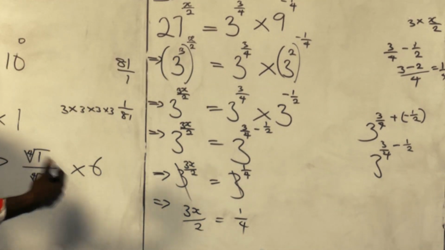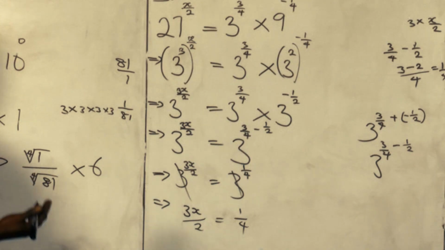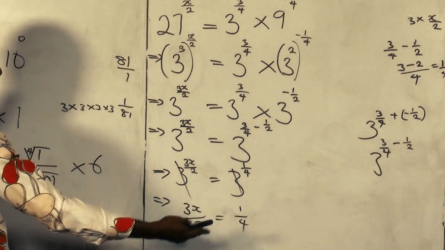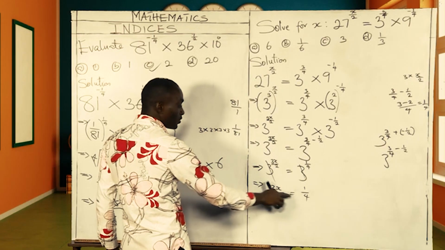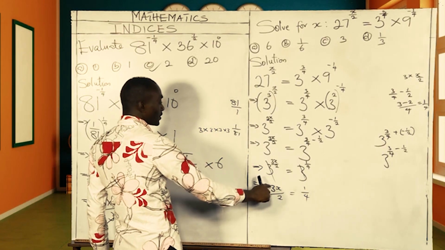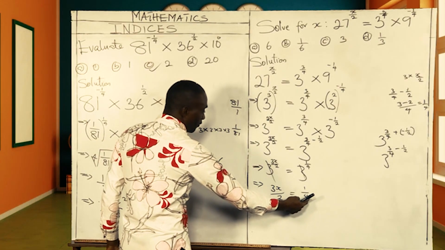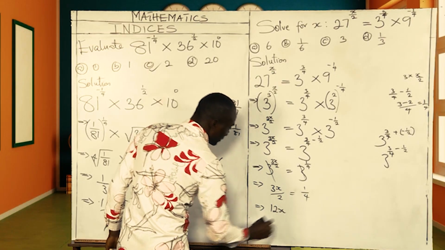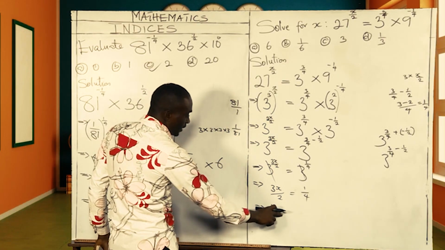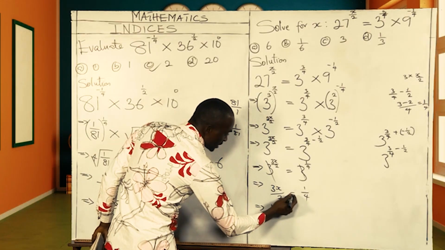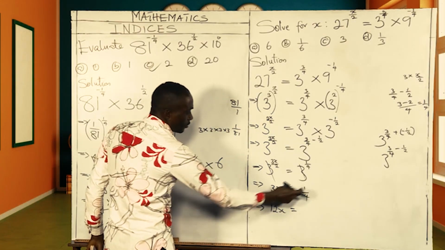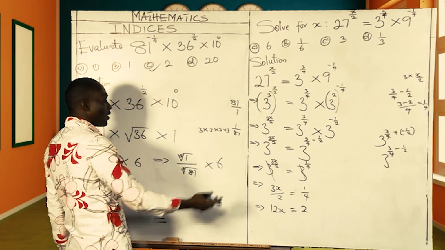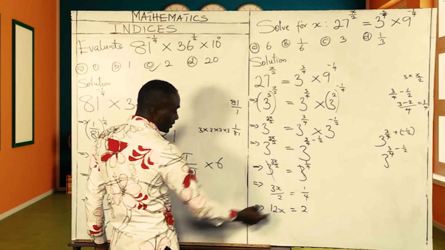With this, we can apply what we call cross multiplication, because we have variables and this is an equal sign. 3x times 4 will give us 12x. Now equal to our equal sign, when you multiply 2 times 1, that is 2.